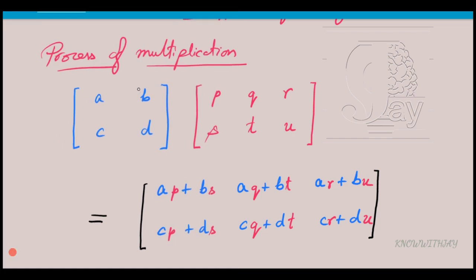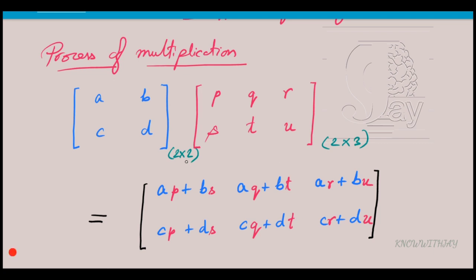Now let us check the process of multiplication. Be very careful when you multiply the elements. For the first matrix we need to check the order, and this is 2 by 2. And the second matrix has number of rows 2 and number of columns 3, so 2 by 3.